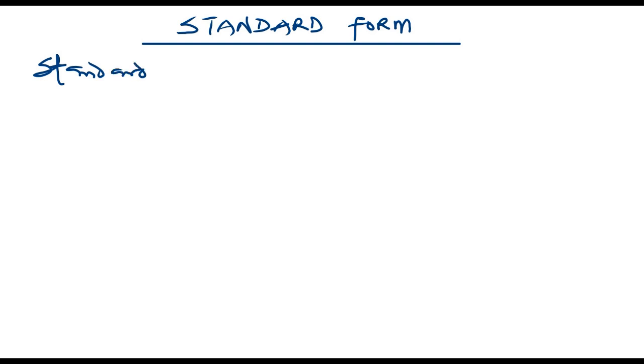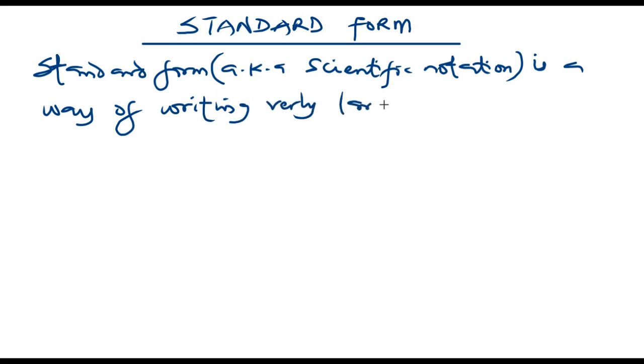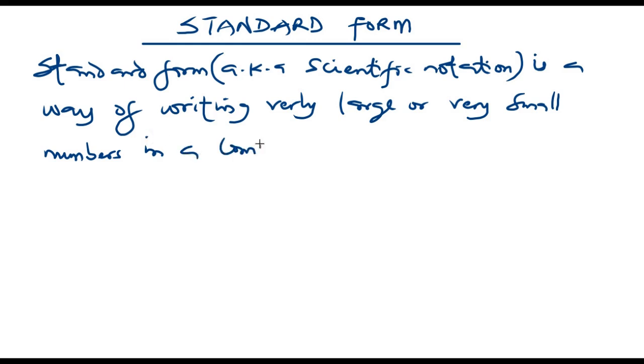Standard form, also known as scientific notation, is a way of writing very large or very small numbers in a compact form.